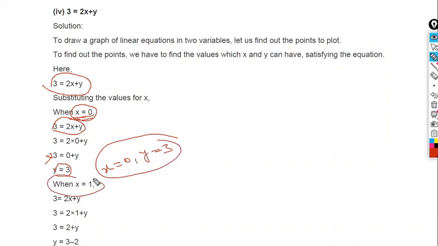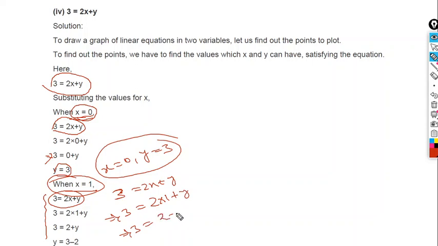Now let us assume x equal to 1. So if x equal to 1, again we will go in the same way, same procedure. So now again we will write the equation 3 equal to 2x plus y. Now implies 3 equal to 2 into 1, as we have assumed x equal to 1, plus y, implies 3 equal to 2 into 1 is 2 plus y.